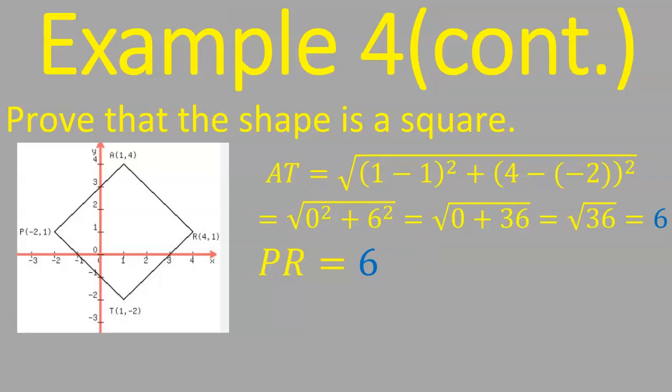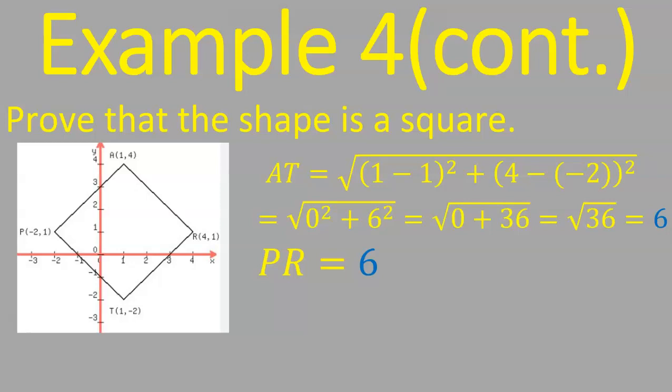Okay, so to summarize, for a parallelogram, you could either go for midpoints of both diagonals, or you could find the slope of all 4 sides to show that you have 2 pair. For a rectangle, the easiest way is to go for all 4 slopes and show that you not only have a pair, but the 2 pairs are opposite reciprocals.